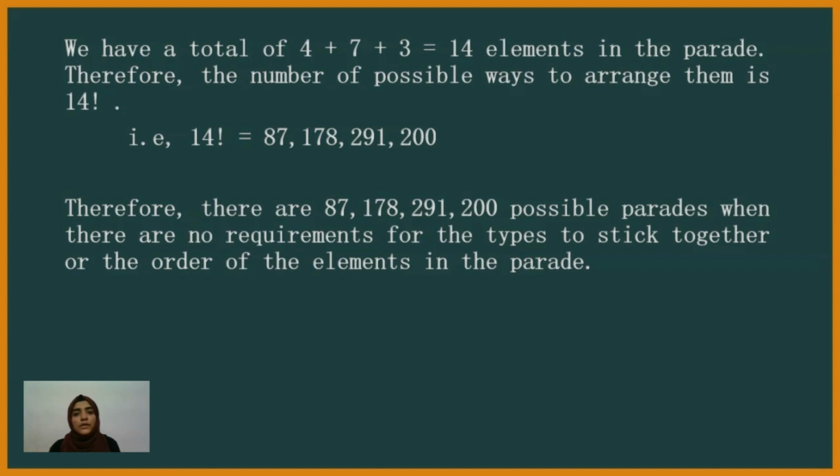We add up to 14 elements in the parade. Therefore, the number of possible ways to arrange them is 14 factorial. That is 14 factorial, which is equal to this huge number. Therefore, there are this huge number of possible parades when there is no requirement for the types to stick together or the order of the elements in the parade.